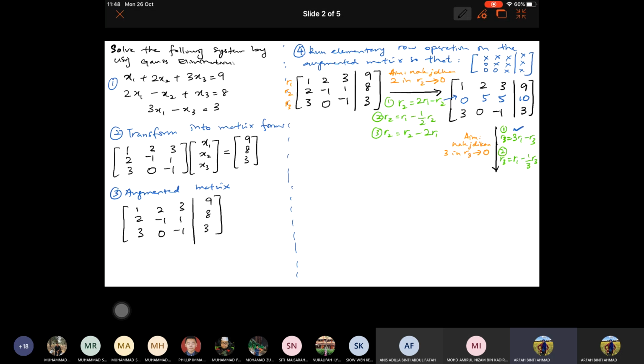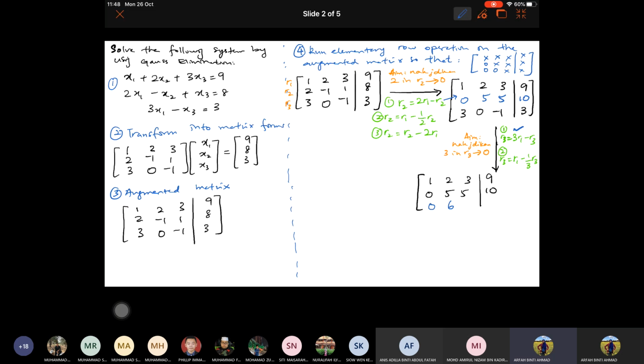So R1 dan R2 tak berubah. Awak boleh copy je. 1, 2, 3, 9. Okay. 0, 5, 5, 10. This one, there's nothing change in the matrix. So saya ambil 3R1 tolak R3, 3 kali 1, 3 tolak 3 is 0. 3 kali 2, 6. Tolak 0 is 6.